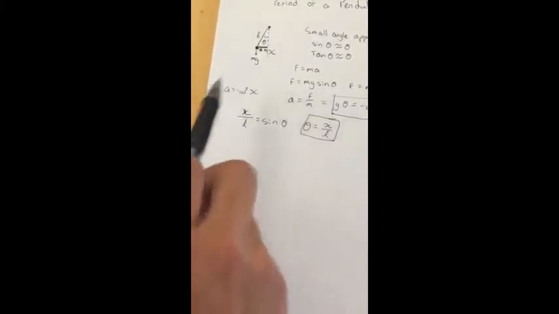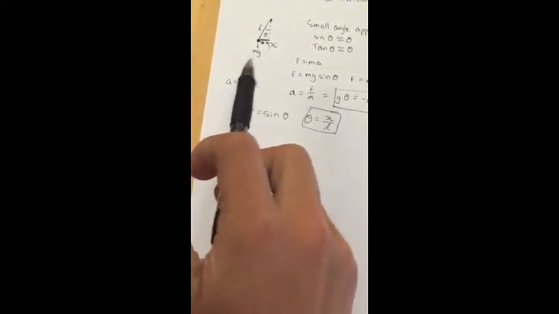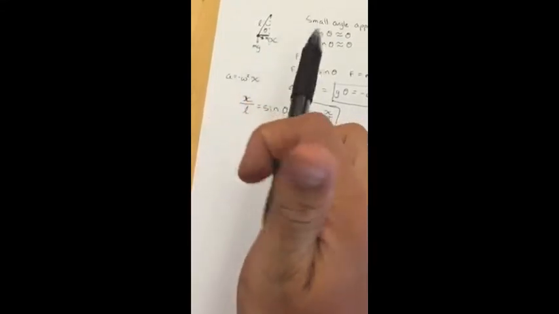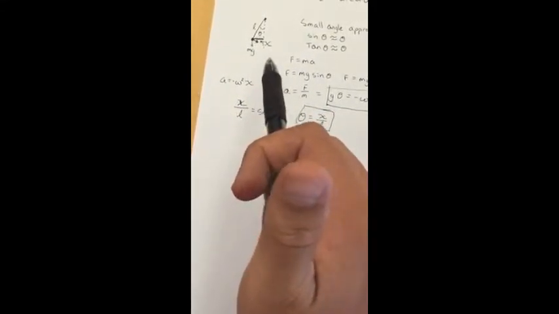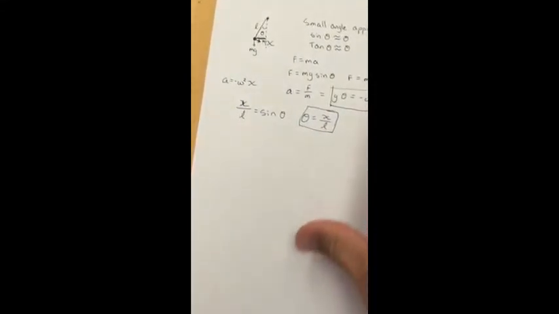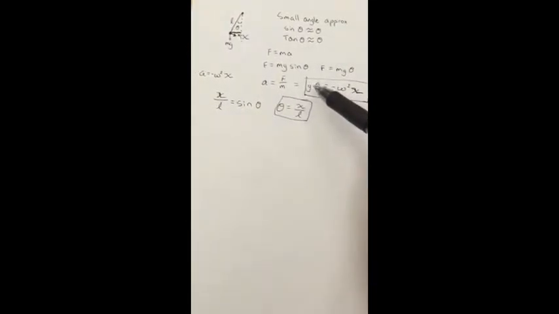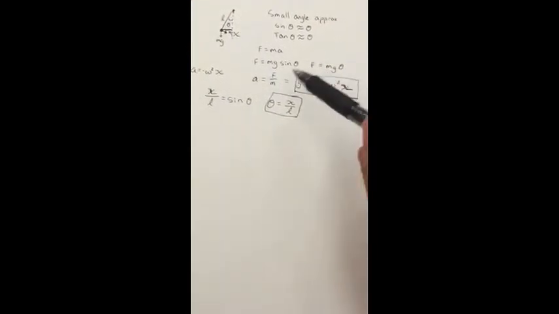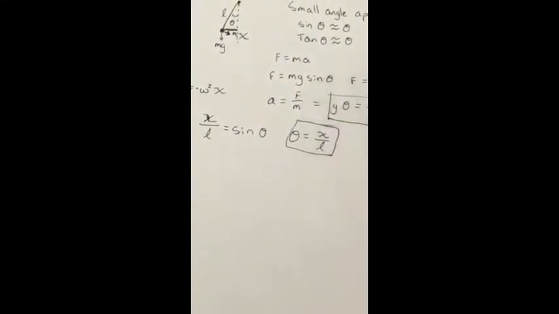Our past knowledge of pendulums gives us the equation acceleration equals negative omega squared times the amplitude.